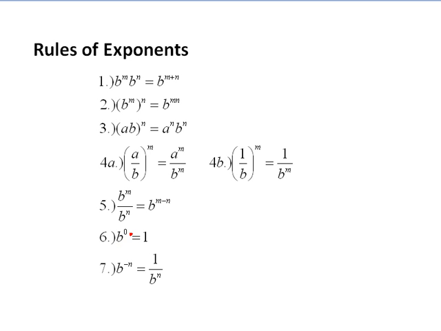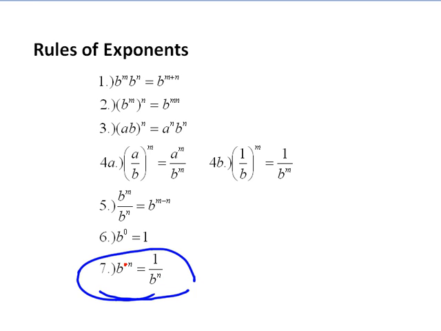When we have a number raised to 0, it's always 1. And this one down here on the end is probably a very important one. B raised to a negative exponent puts it in the denominator of the fraction as a positive exponent.